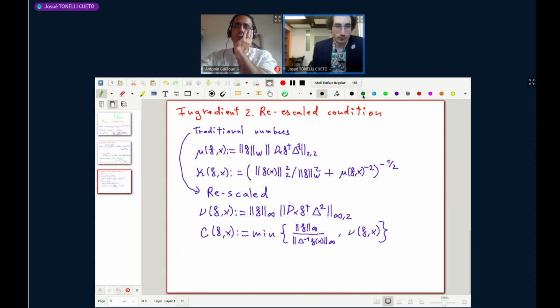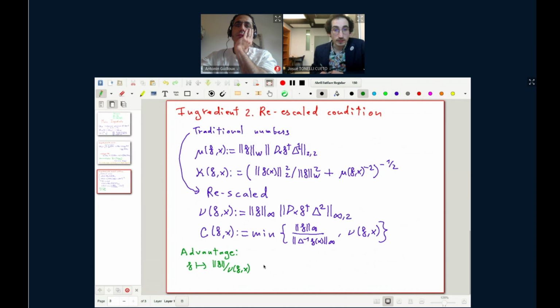So the advantage of this, essentially, so what's the advantage? Essentially that F mapping to, let me write, will still be one Lipschitz.